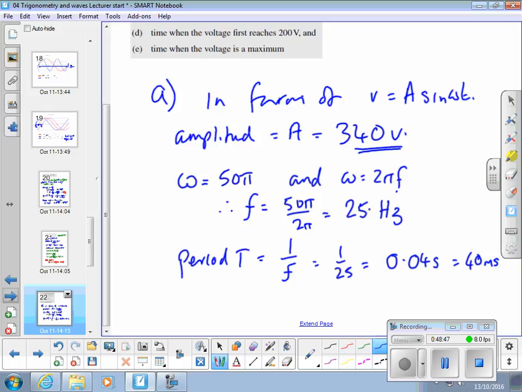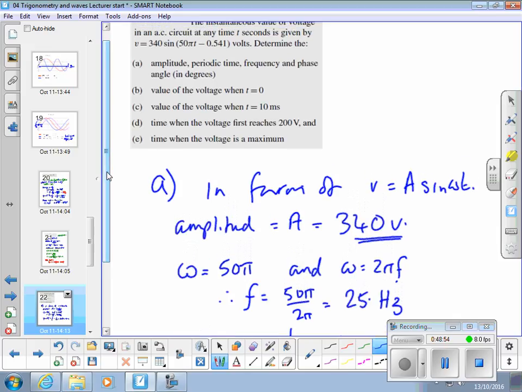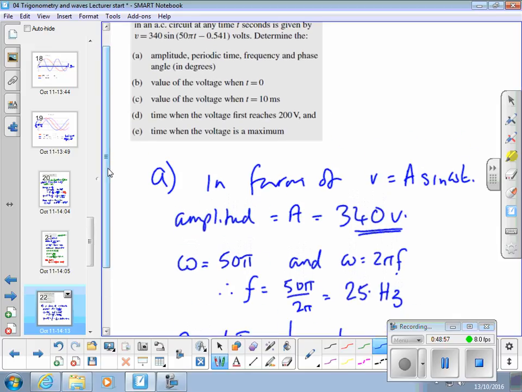Yep. Anything else in part A? Phase angle in degrees.